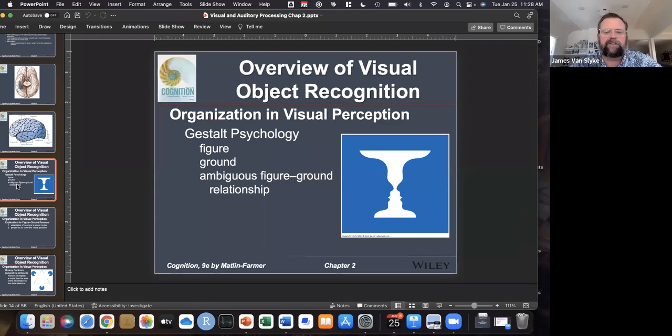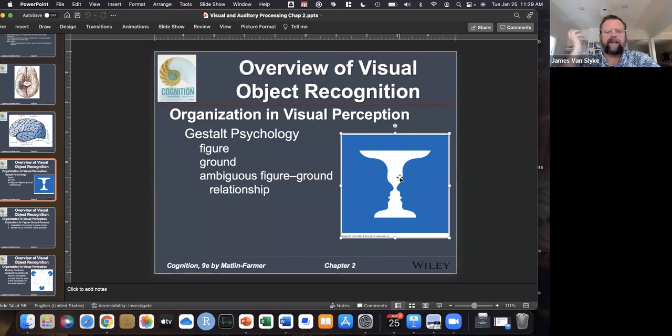Gestalt psychology is the idea that when we're looking at something visually, we're making sense of both the figure and the ground. The figure is something that sticks out to us, that's distinct from the ground. Now what happens when we have what's called an ambiguous figure, like we have here, is the figure and ground switch back and forth, to where you're either seeing two faces or you're seeing a vase.